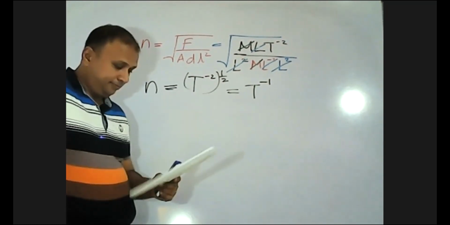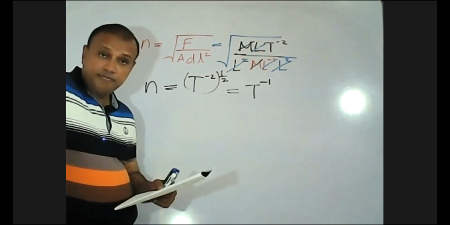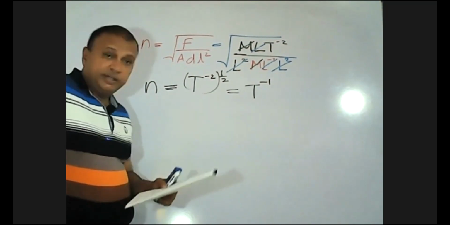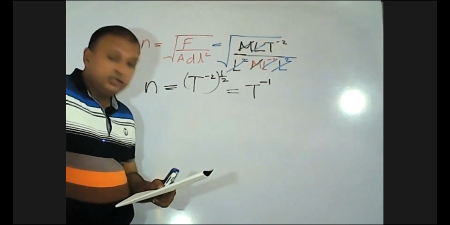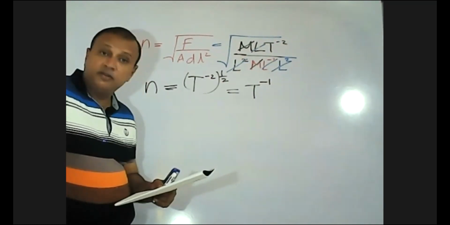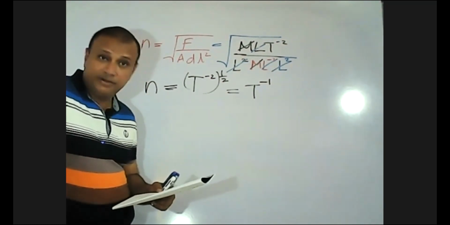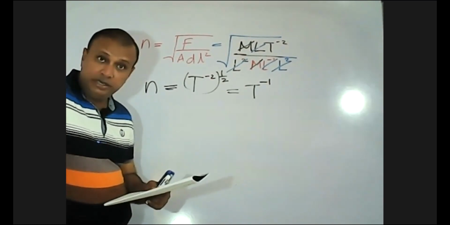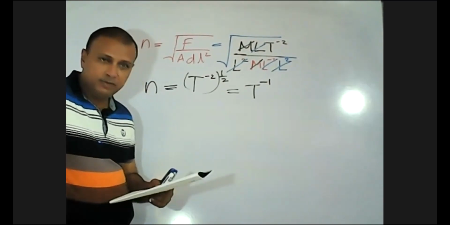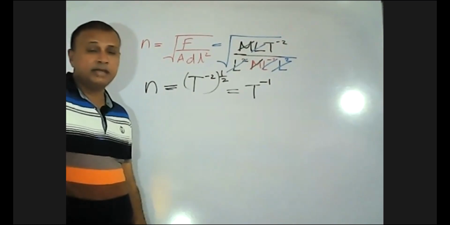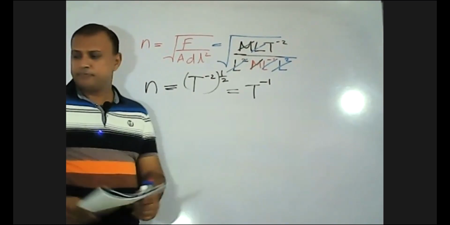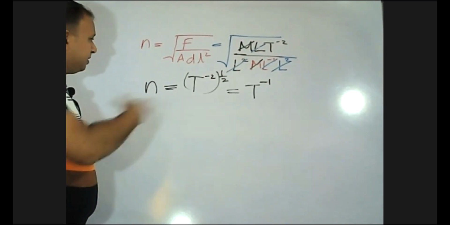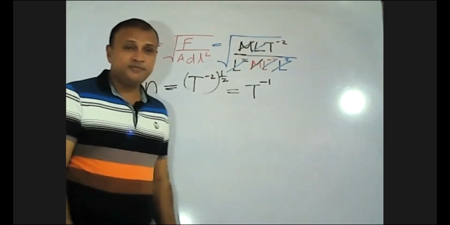Okay, number of times per second. It is not a time, it is not a volume rate, it is not a velocity, and it is not an acceleration. So it should be number of times per second. Actually, this is equal to the dimension of frequency.